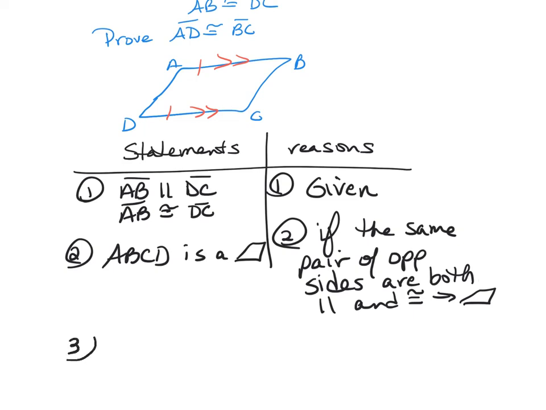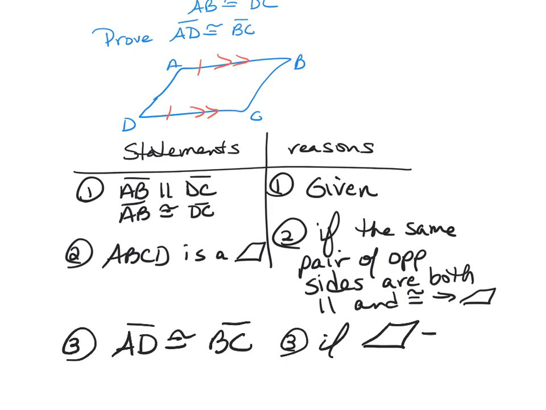And now my third step is what I'm trying to prove, that AD is congruent to BC. And I know that if it's a parallelogram, then opposite sides are congruent.